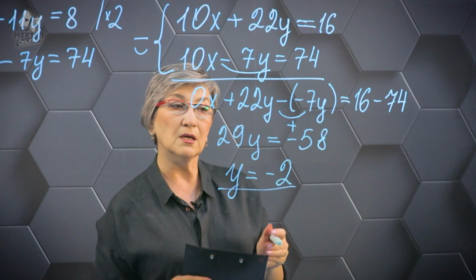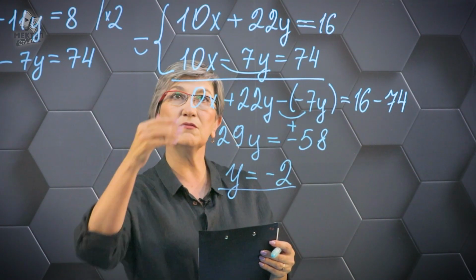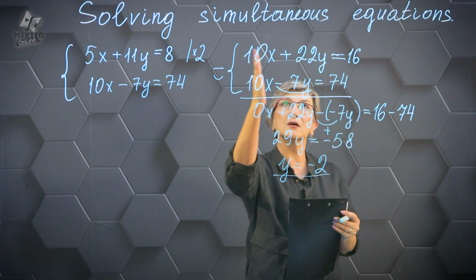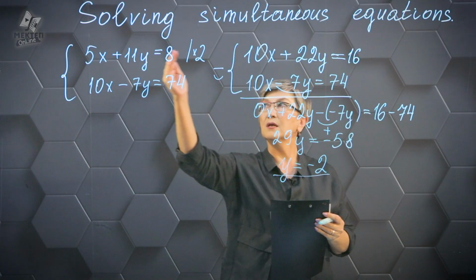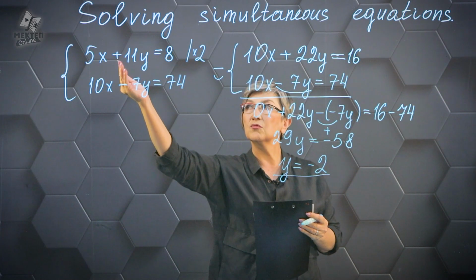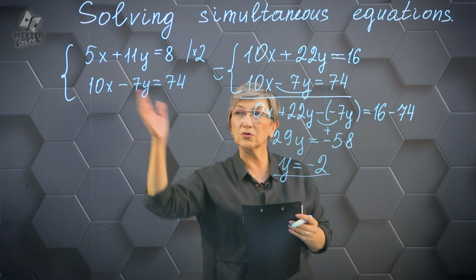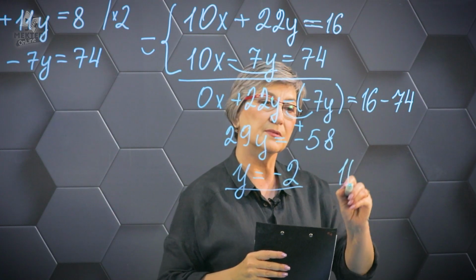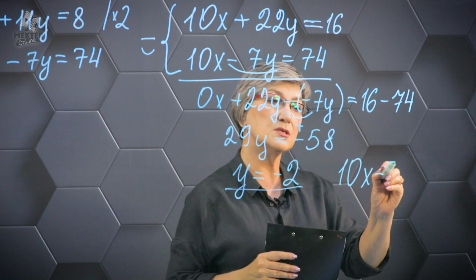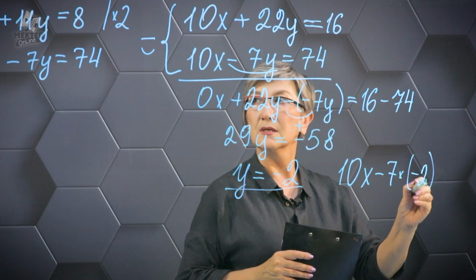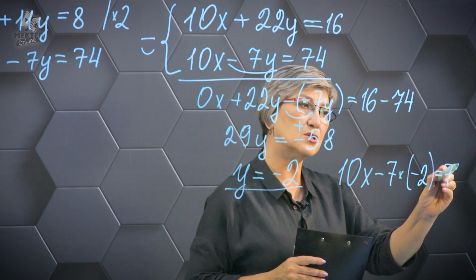We found y's value. Next, we will substitute this value into any of the equations. You may use the equation you derived, or you can substitute it into the original equation. Let's plug it into the second equation. 10x minus 7 multiplied by negative 2 equals 74.